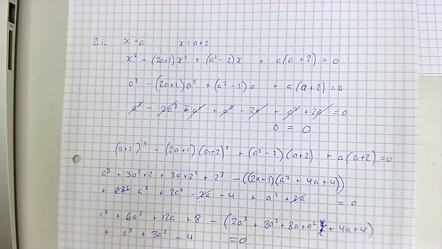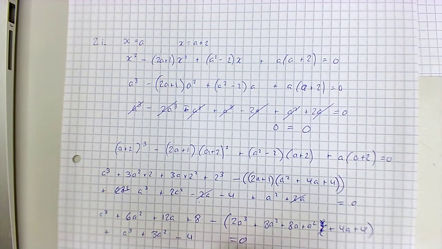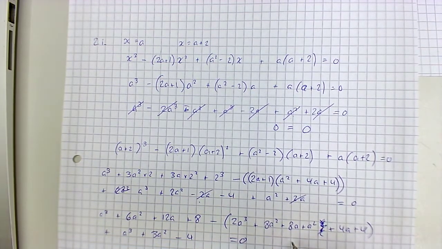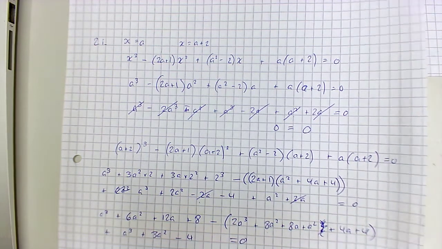So you could expand this first, or you could start collecting like terms now. I'll just expand. I'll sort this out. So we've got 2a minus 2a cubed minus 9a squared minus 12a minus 4, and then let's see if I can fit all that in there.